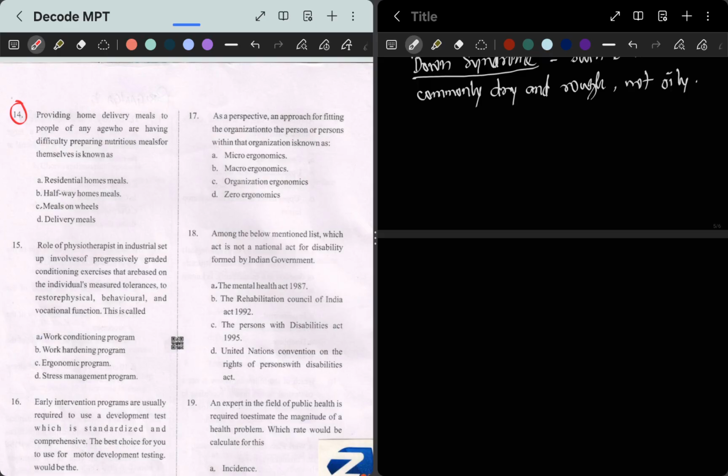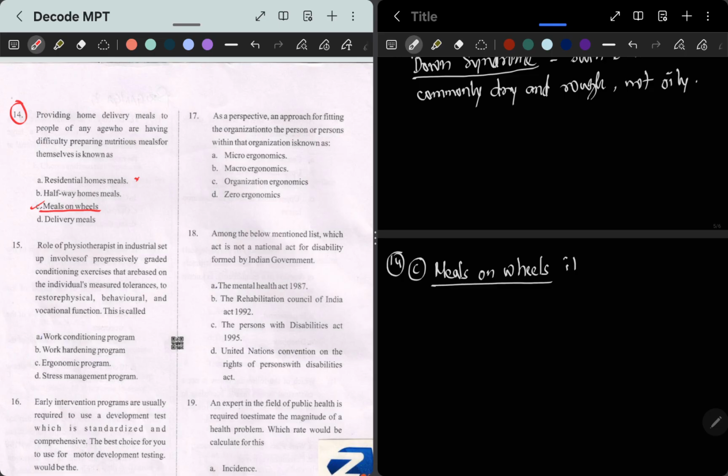The options are residential home meal, home delivery, halfway home meals. The answer is number C, meals on wheels.